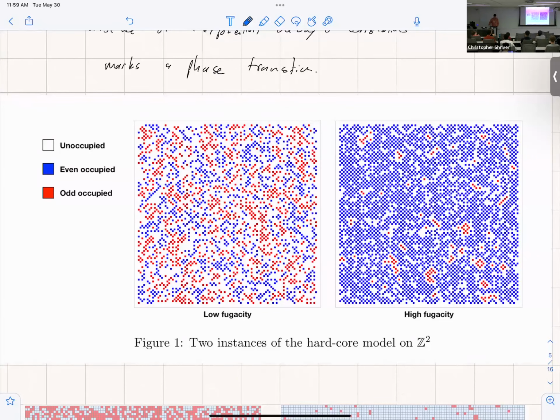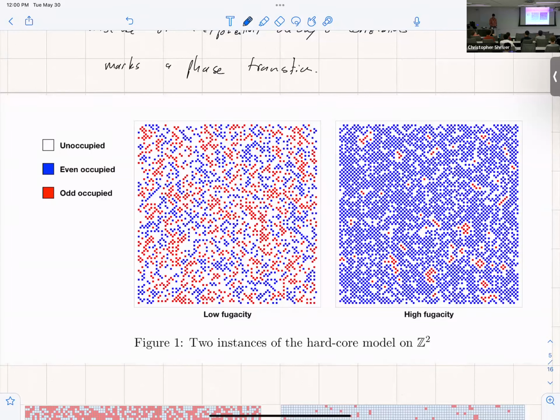On the right here, I'm picking large lambda, and now it looks a lot different, right? It looks like globally we've agreed upon even, and then in little places we have some defects that are odd or missing. If I ran this experiment again, and it's another topic to tell you how I got these simulations, you might see mostly red with some splotches of blue. But clearly it looks like something different is going on here.